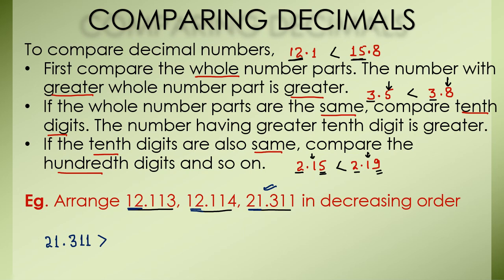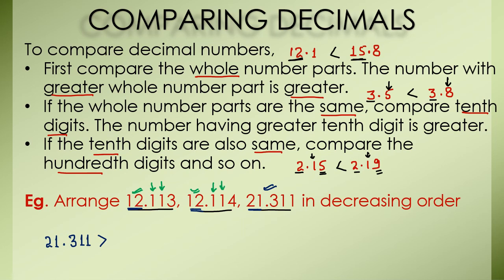So in the whole number part, the numbers 12 are equal. So we will compare the tenth digit. In the first number the tenth digit is 1. In the other one also the tenth digit is 1. Come to the hundredth digit. Here again we have 1 at the hundredth digit. In the other one at the hundredth place we have 1.